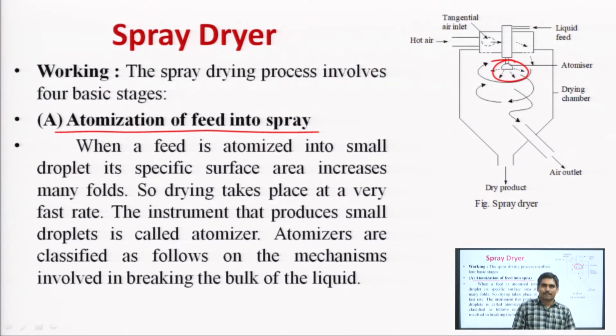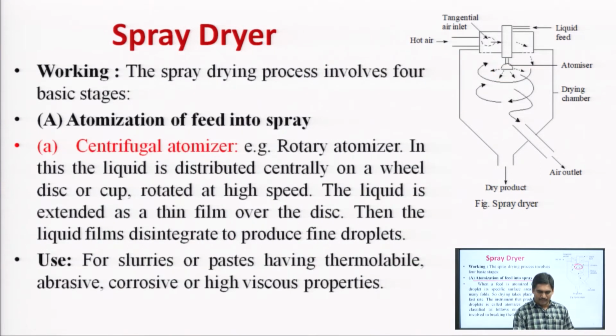Atomizers are classified on the mechanism involved in breaking the bulk of the liquid. They are of three types. The first is the centrifugal atomizer, for example the rotary atomizer. In this type the liquid is distributed centrally on a wheel, disc or cup which is rotated at very high speed.